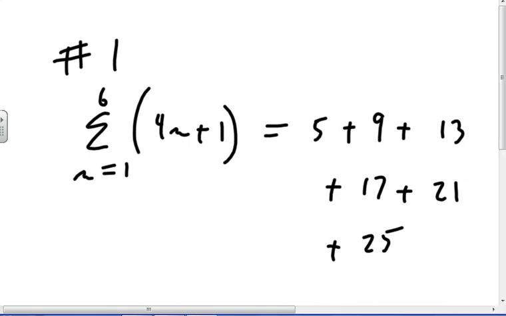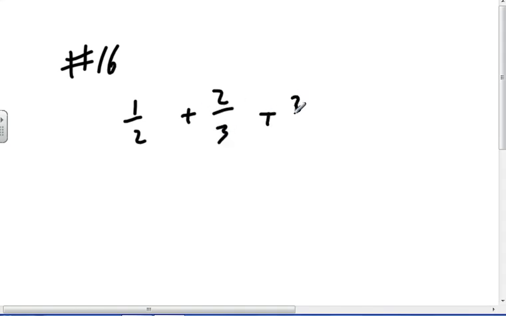Okay. All right, next problem. Number 16. So I've got 1/2, 2/3, 3/4, up to n plus 1 over n plus 2, and I want to write that as a summation.